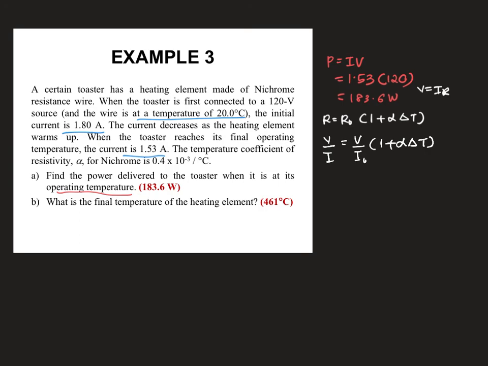So the V here is 120 divided by the operating current, 1.53, equals 120 over 1.8 times 1 plus alpha, which is 0.4 to the power of negative 3, times T minus 20 degrees. We are going to get 461 degrees Celsius.